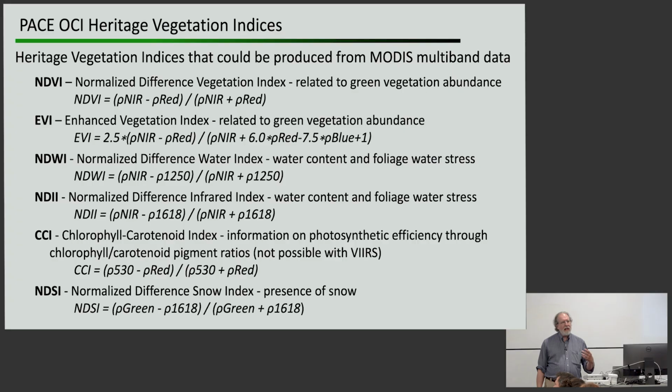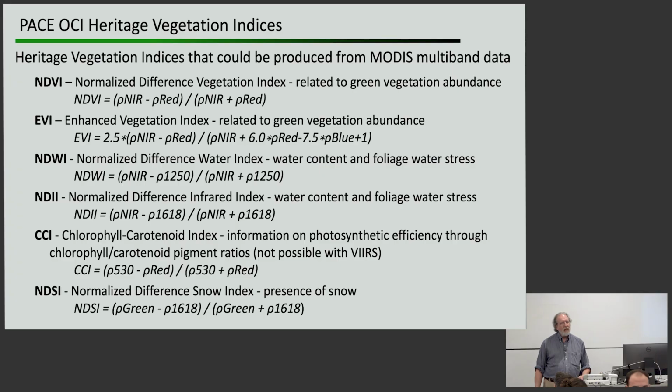Then there's NDWI, NDII. These are indices that are related to water content in the foliage. And then there's the CCI, the chlorophyll carotenoid index, and that's related to the fractions of chlorophyll and carotenoid in the foliage. And then the normalized difference snow index, which is a measure of how much snow is on the ground, like snow coverage.